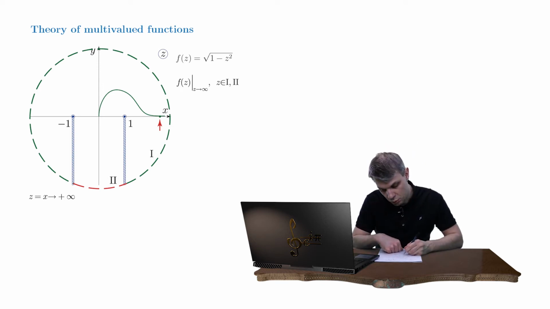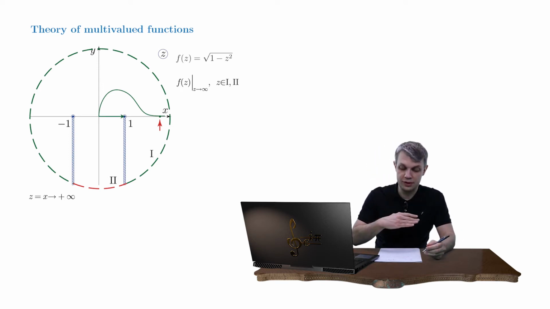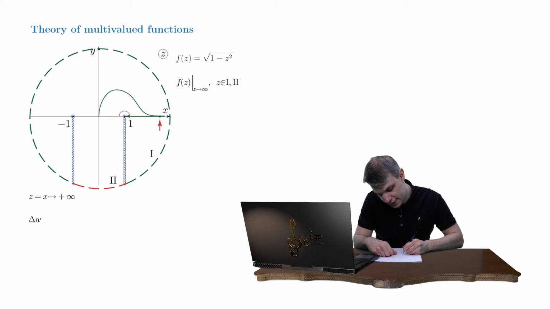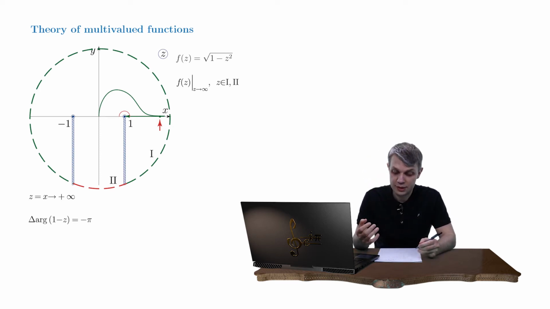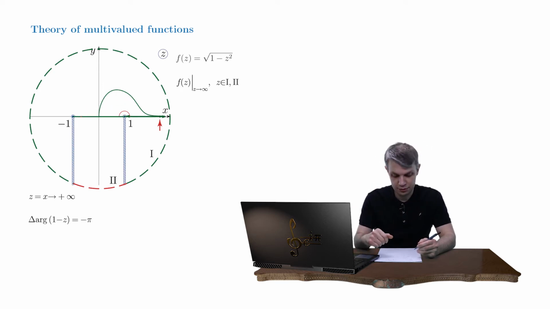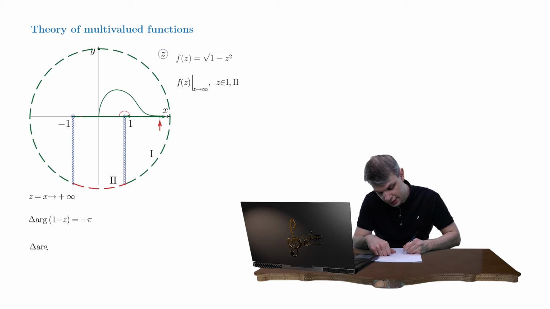So 1 minus z obviously rotates by pi in the clockwise direction. As a result, the change of the argument of 1 minus z is negative pi. While the arrow representing number 1 plus z just sways and doesn't rotate as we go along the contour. So the delta argument of 1 plus z is 0. And as a result, the change of the argument of the g function is negative pi.